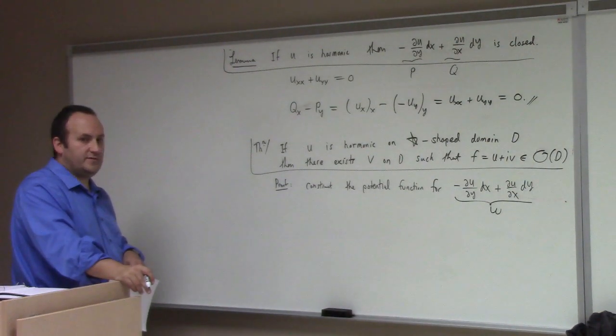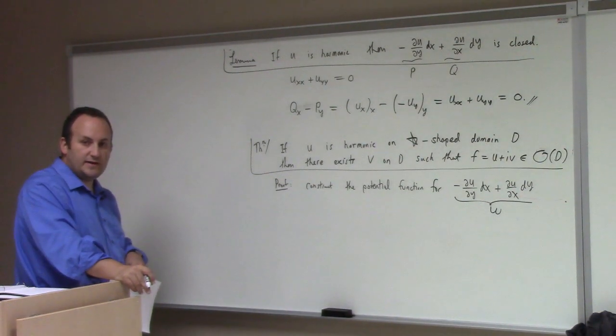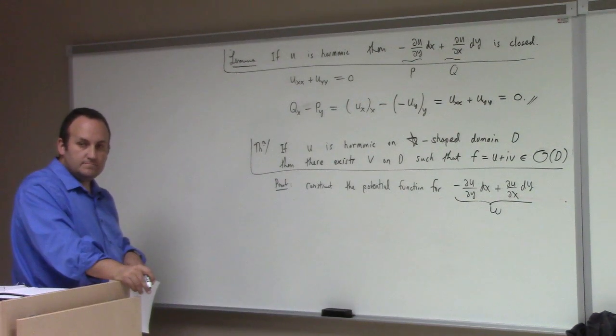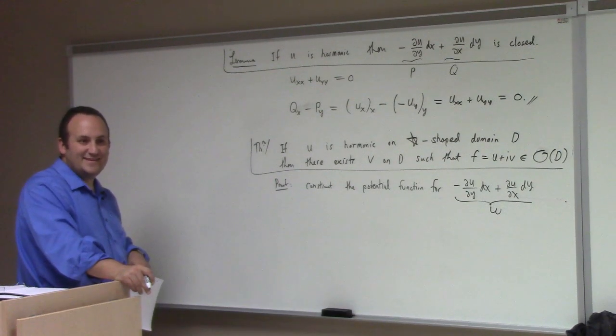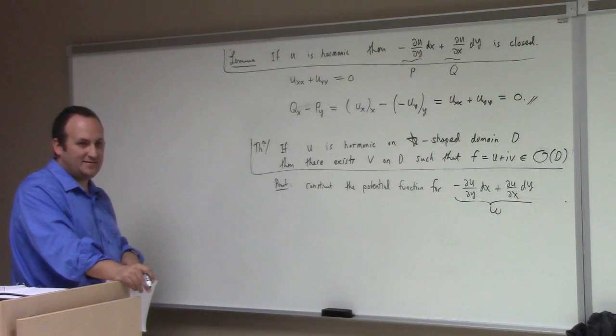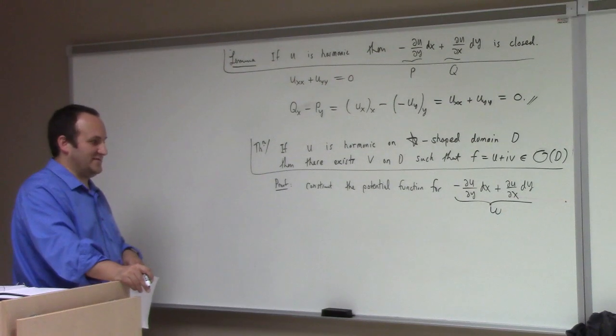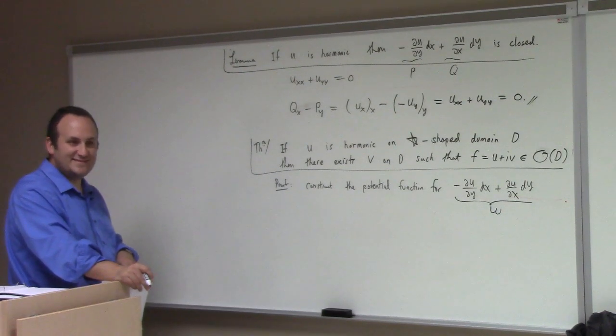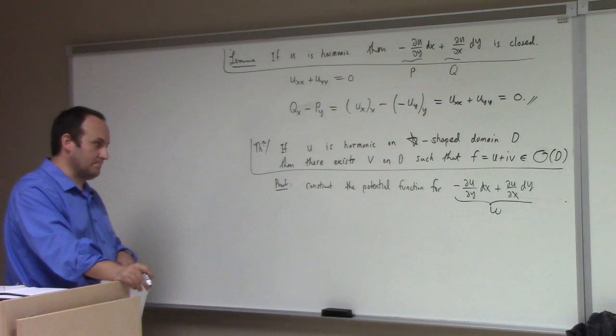If we have star-shaped, is star-shape implied simply connected? It does, yeah. Star-shaped is a lazy man's simply connected. Simply connected is a more esoteric and many-faceted, curvy monstrosity. Star-shaped is nice, simple, easy to think about.